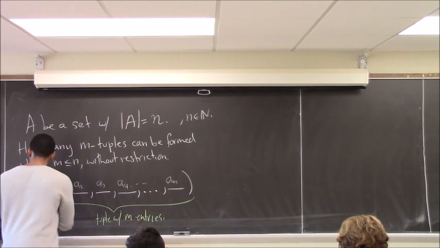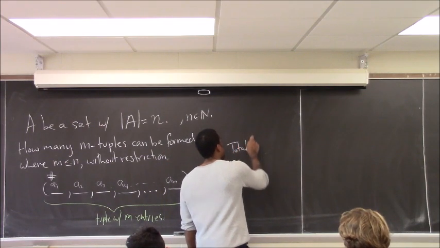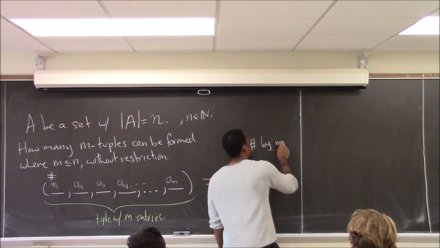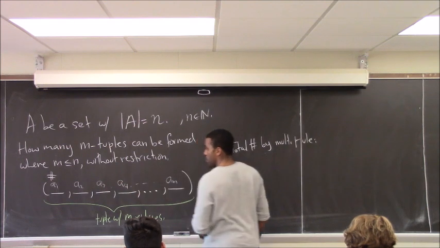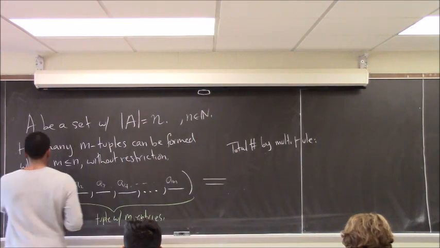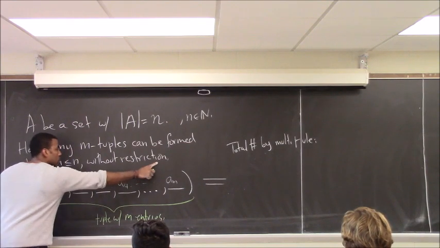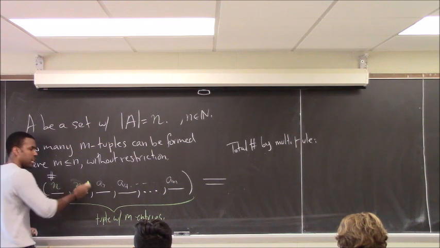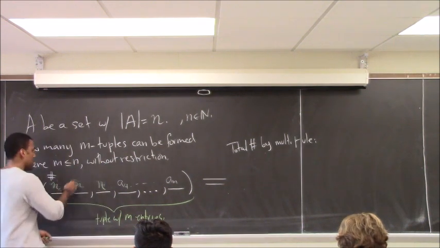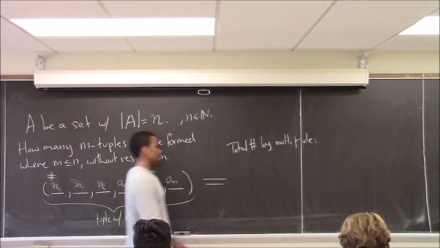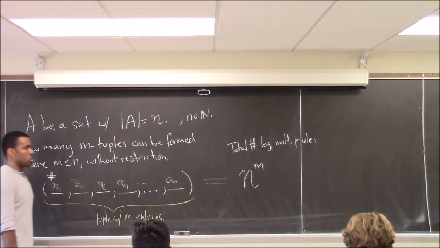Well, the total number by the multiplication rule is going to be, you're going to multiply all the possibilities. Now, how many possibilities do you have for the first digit? Well, there are n possibilities, because there are n things. And there's no restriction, so I can choose any one of the guys again. So then it's going to be n times itself, m times. We're going to end up with n to the m total possible coordinates.